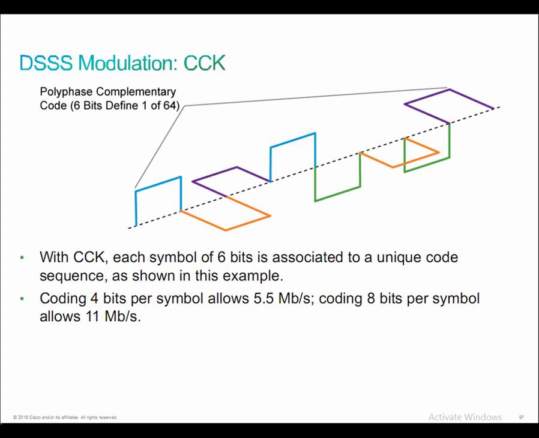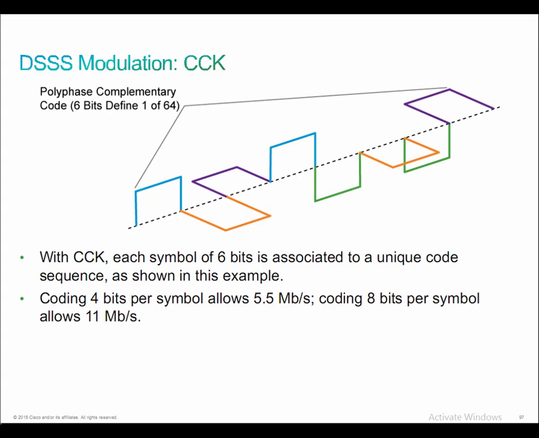I don't know if that was intended or not, but we know that we use 6-bit chipping sequences with 6 bits each to represent each of the bits in our group of 4 bits. But the most important aspect is that each symbol is a unique sequence of phase shifts within the wave itself.